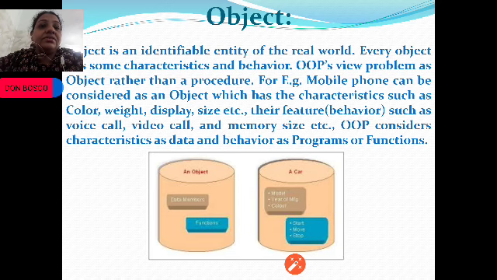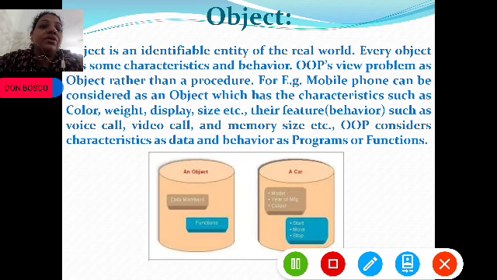These are the behavior of that object, the student object. The characteristics of an object are also called the data members. The behavior of an object, that is, a student can write the exam, he can run, he can talk, are called the behavior or the functions of the object.